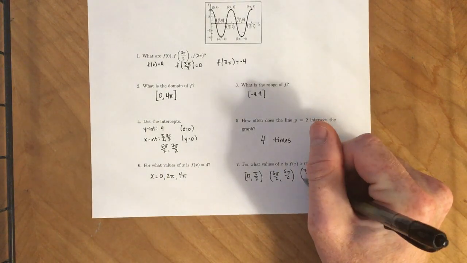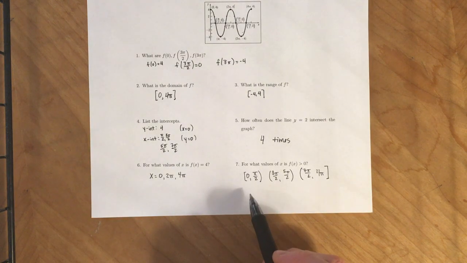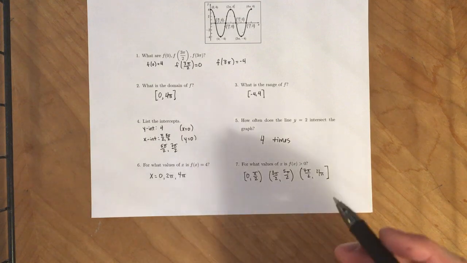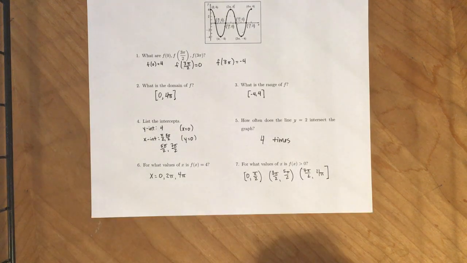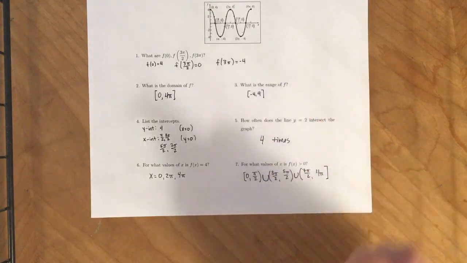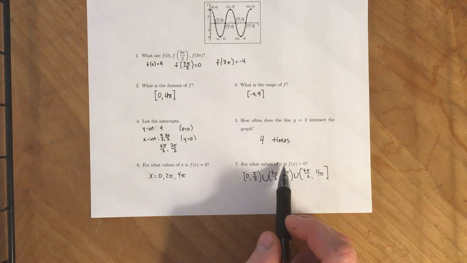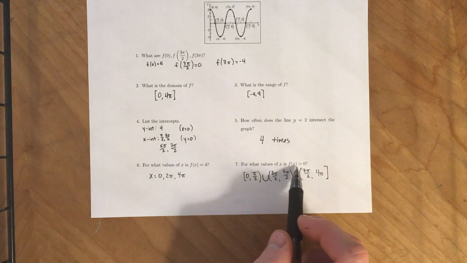We don't want to include 7 pi over 2. And so we have 3 intervals. Intervals are sets of numbers. And so we can put these intervals together by taking the union of them. So this is the set of all values x for which the function is positive.